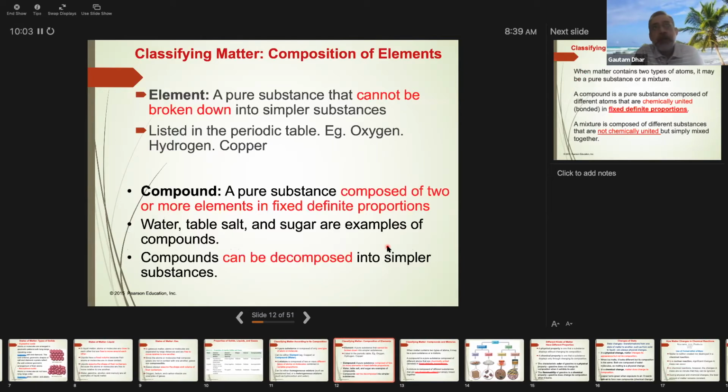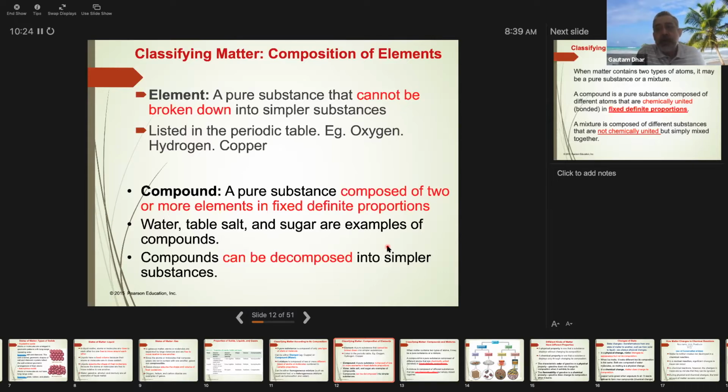So if you look at matter then, in terms of what they're made of, we saw that we can have pure substances. It can be an element. So what is an element? An element is a pure substance that cannot be broken down into simpler substances.